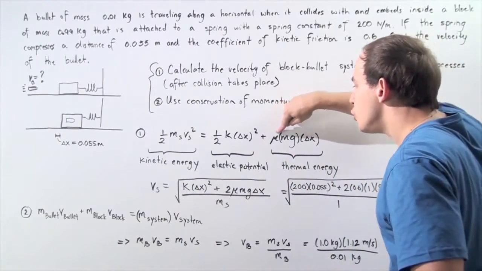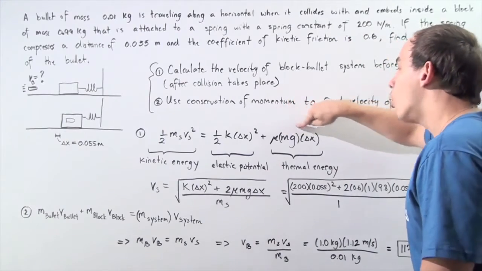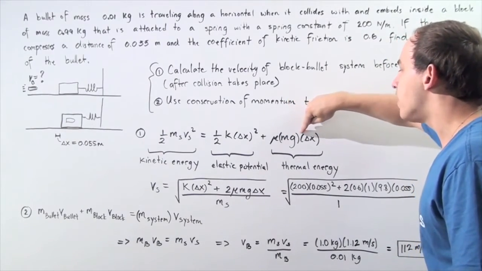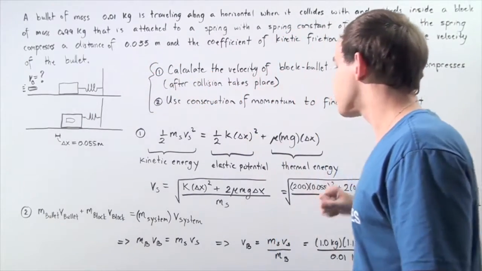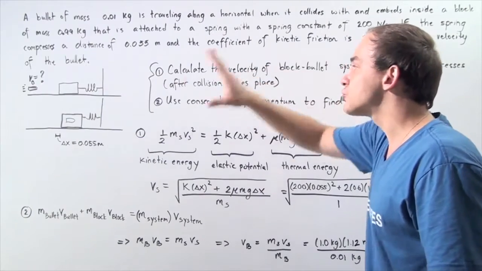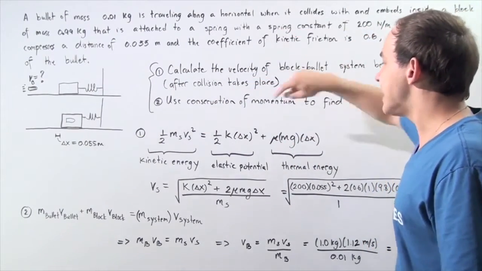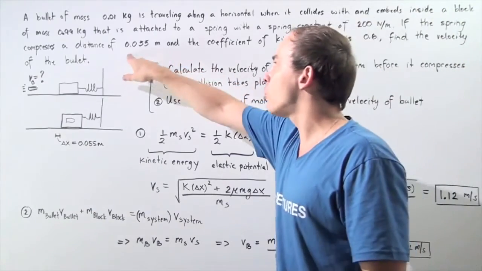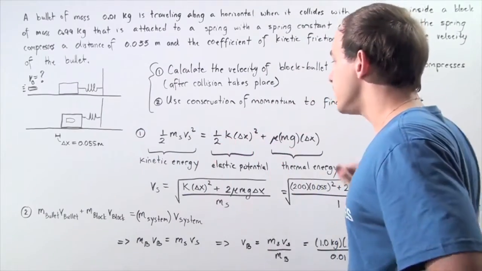So this is mu, our coefficient of kinetic friction, multiplied by the normal force, multiplied by displacement, 0.055 meters. And this is our elastic potential energy that is stored in the spring, where K is the spring constant and change in x is simply 0.055 meters. It's our displacement of the spring.